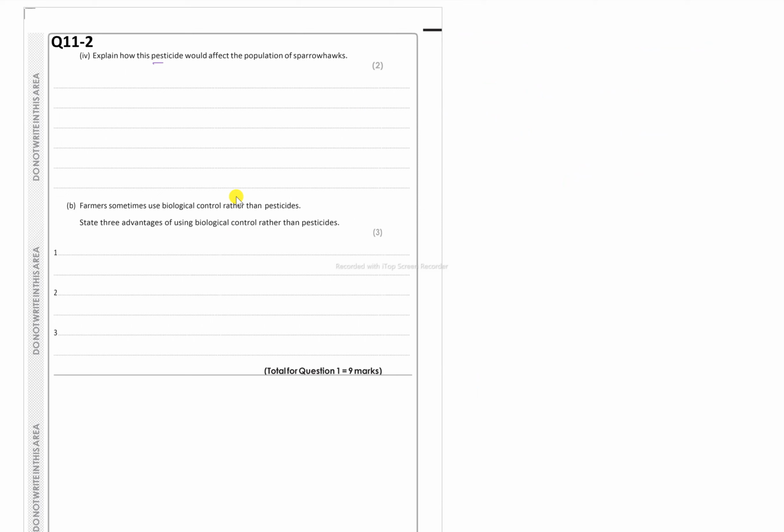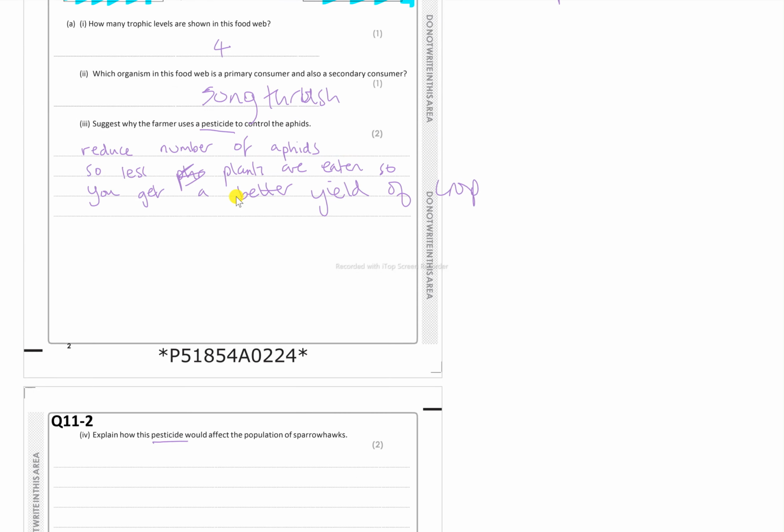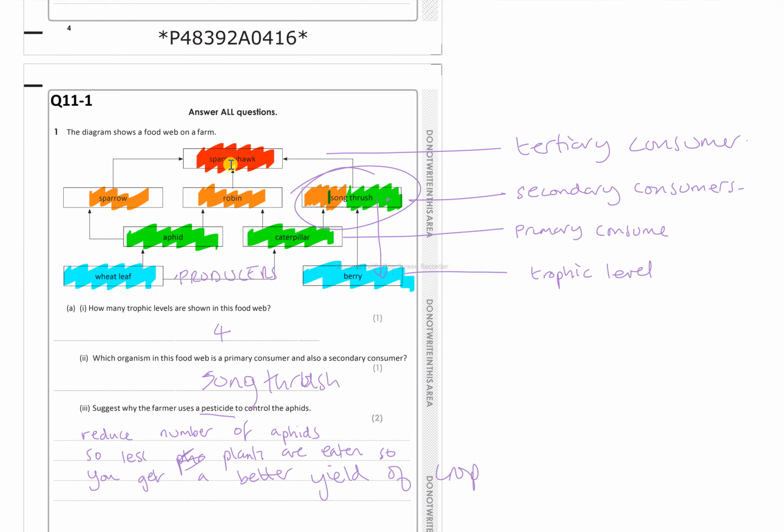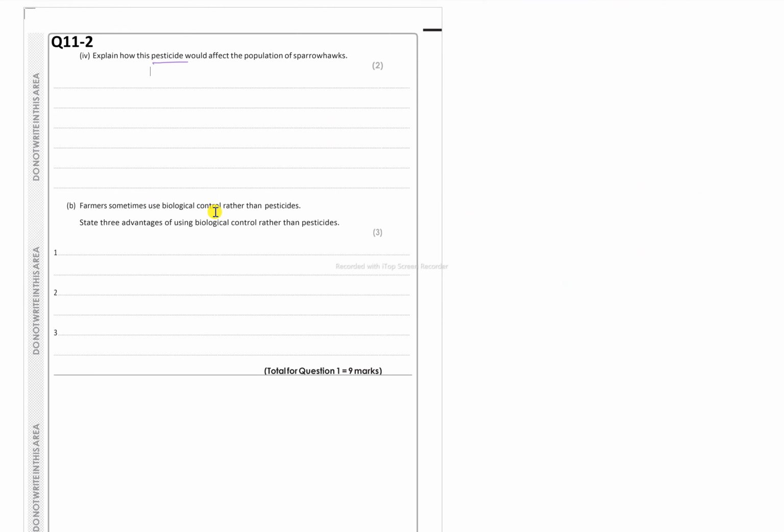Explain how this pesticide would affect the population of sparrowhawks. So if you put a pesticide on for aphids, that means there are going to be fewer sparrows and robins. First of all, they're asking you what would happen to the population. So it would decrease.